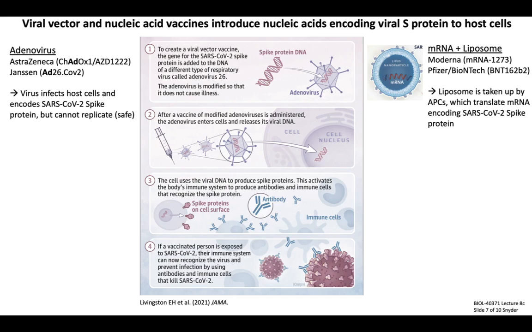Notably, these liposomes can also drain to the lymph node where they meet up with lymph node resident APCs and kind of do the same thing. Because there are no infectious components of these mRNA vaccines, they are very safe to use. And as a side note, mRNA and liposomes are relatively unstable molecules, which is why these vaccines need to be kept in very cold freezers for storage.